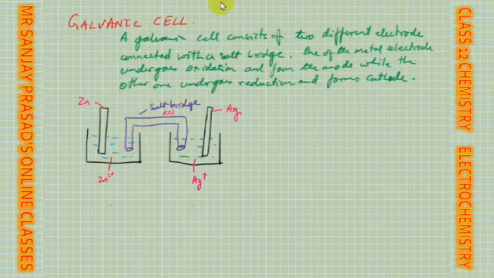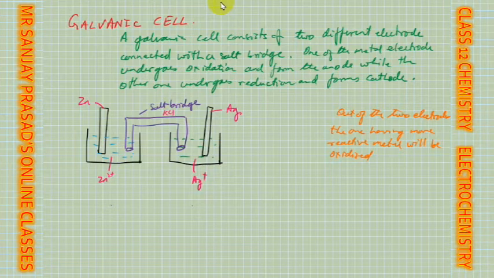To know about that, always remember, out of the two electrodes, the one having more reactive metal will be oxidized and the other will be reduced.